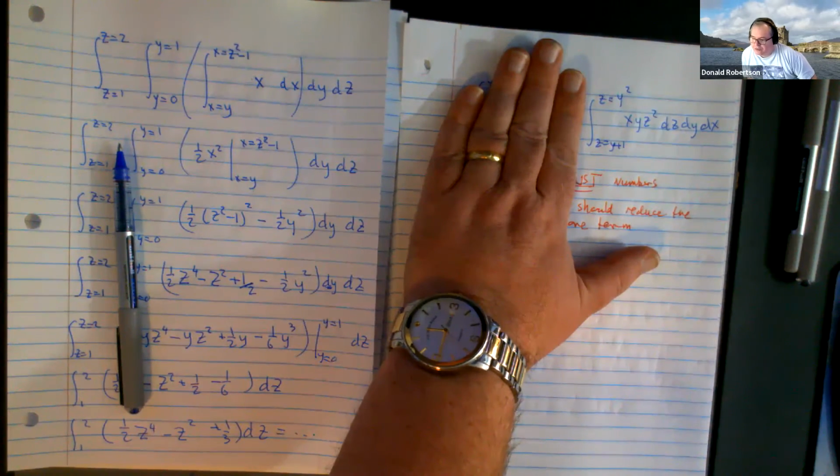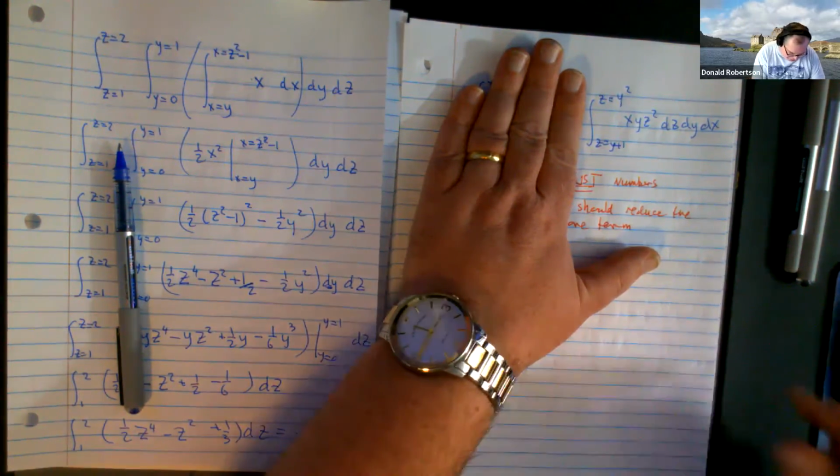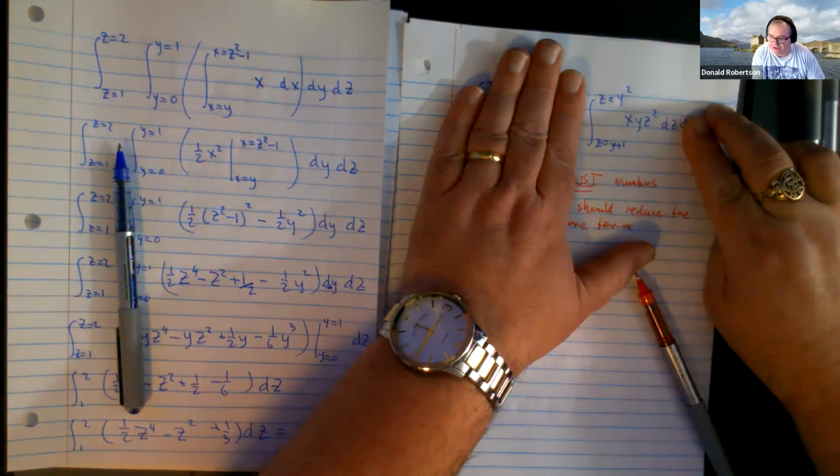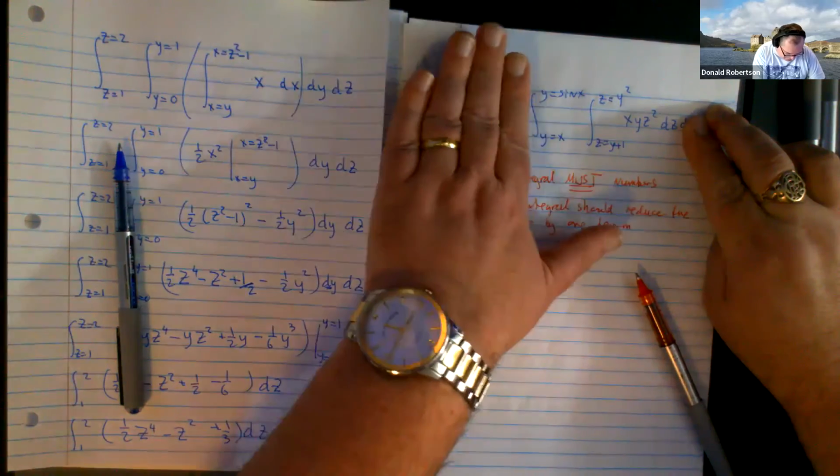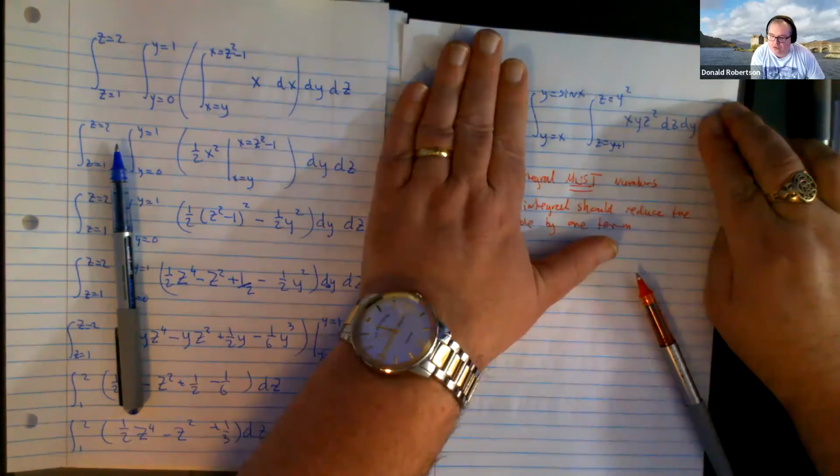The z's will have turned into something with y's in it, right? And the y's that are there are still y's and the x's that are there, right? So when you're finished this integration here, shouldn't the answer be x's and y's in some kind? When you finish this second integration, shouldn't the answer only have x's in it?